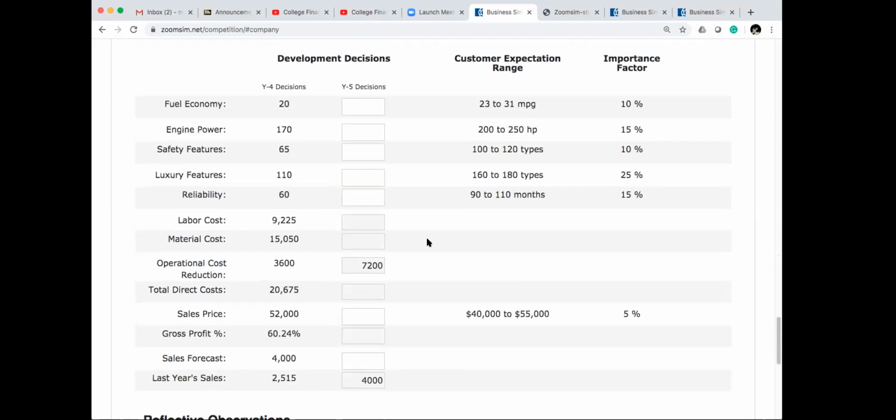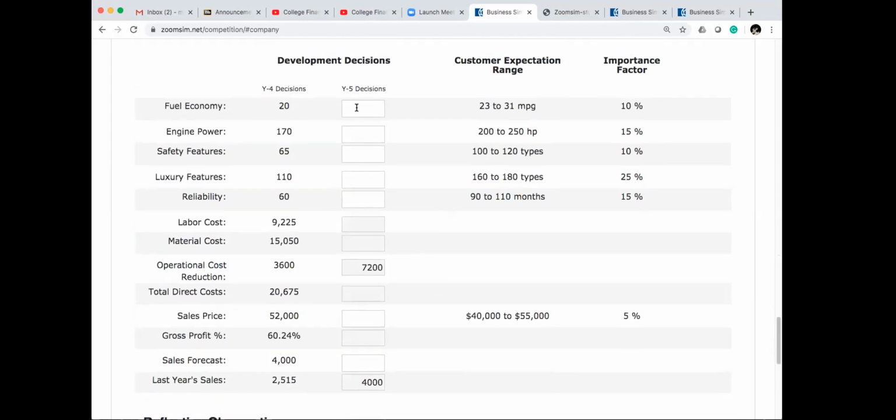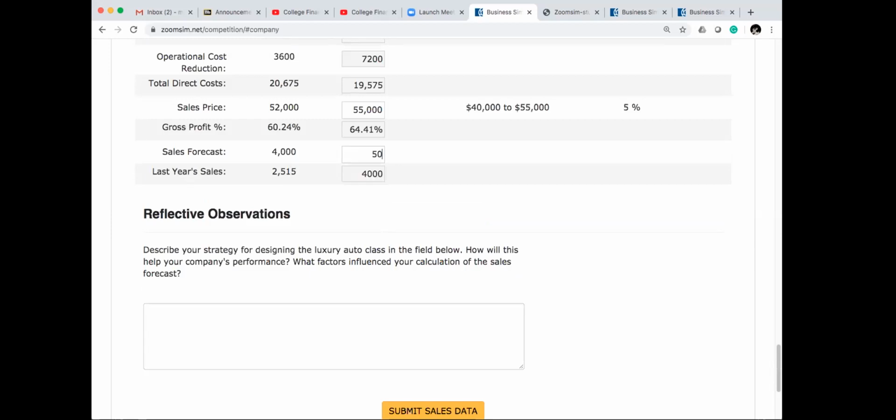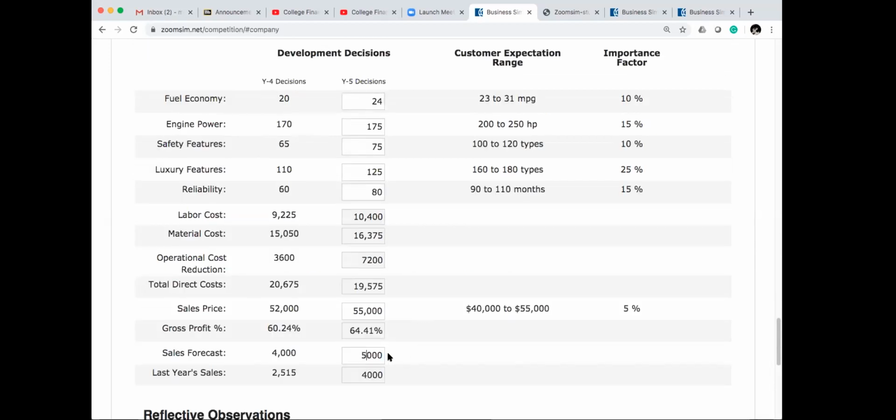And by and large, don't follow what I'm doing 100%. I'm just kind of pumping some numbers in here. So I wouldn't follow my example 100%. It's not the best example to go by, but the one example you should follow is that I was able to increase my operational cost reductions, which is making it easier for me to have that increase in profit margin.